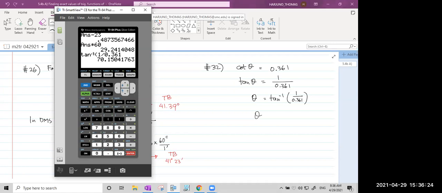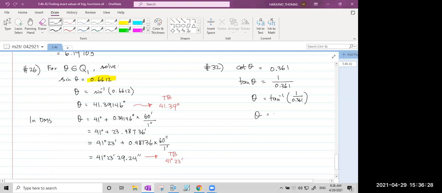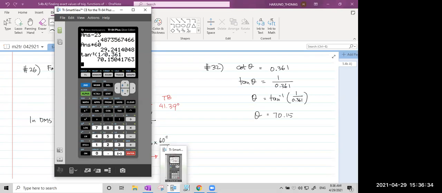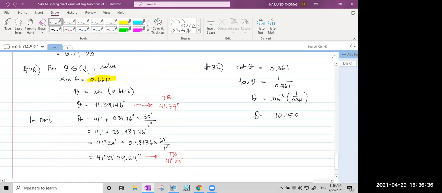Okay, that is 70.15042 degrees. Okay, that's the degrees in decimal, and usually that's all I want.